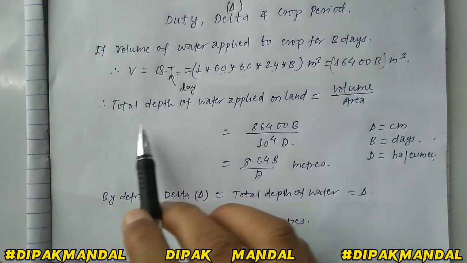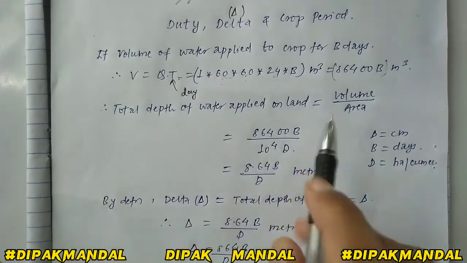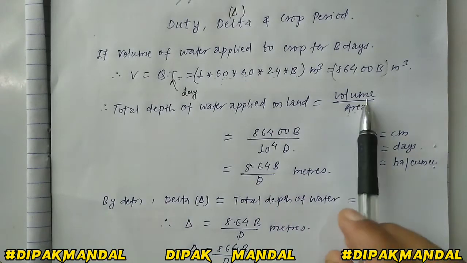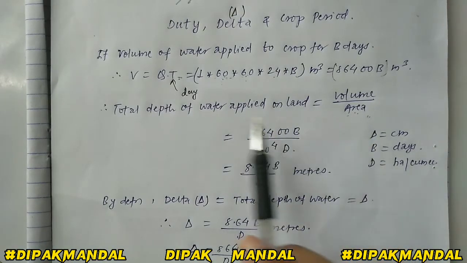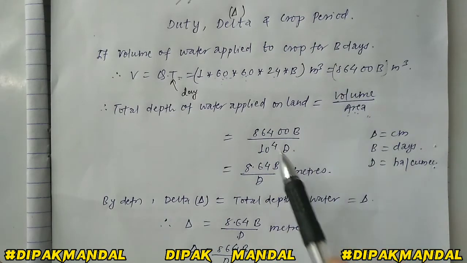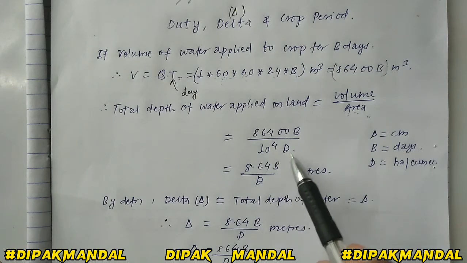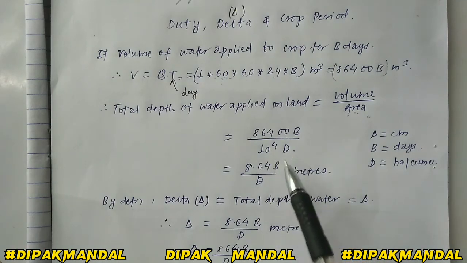Okay, now we have to calculate the total depth of water applied on land. So it can be simply calculated by the total volume divided by the total area. So we will get the depth of water applied on land. So we have total volume equal to 86400 B, and area equal to 10 to the power 4 D. Okay, this is in hectare.